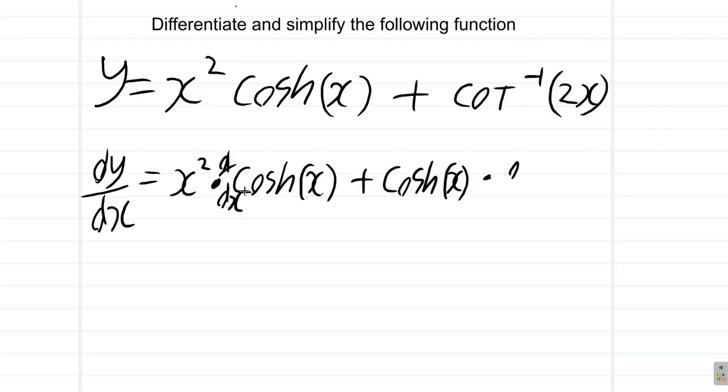So it's: you hold x squared times, you differentiate the hyperbolic cosine of x, plus, hold the hyperbolic cosine of x times, you differentiate x squared.